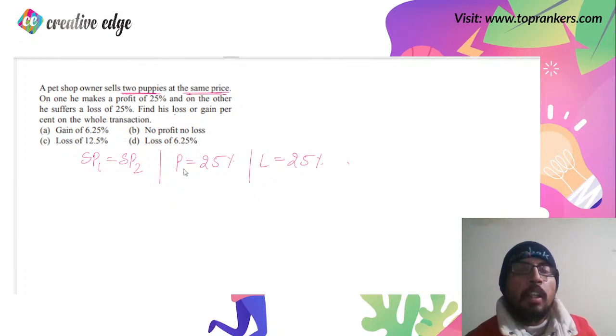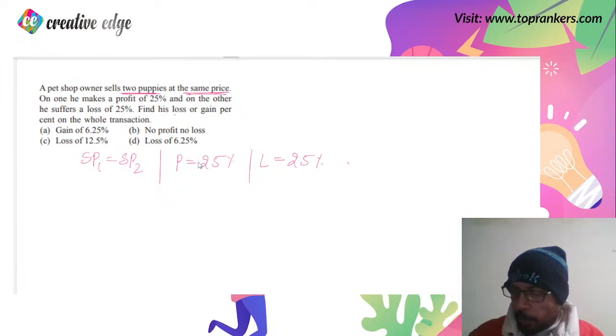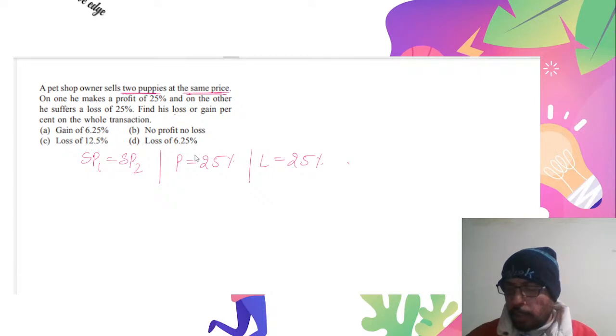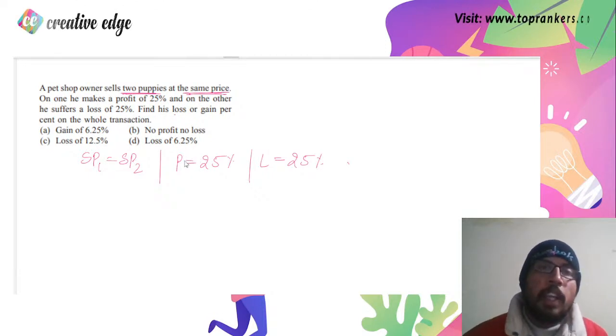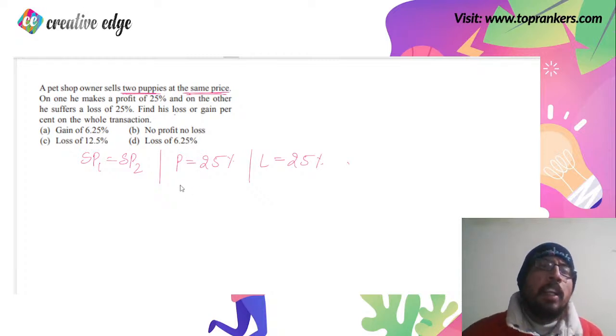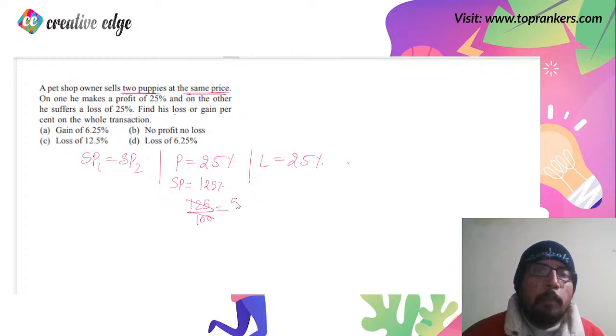Now you can understand it this way: if I get a profit of 25%, and my cost price is 100%, my selling price should be 125%. 125% is 125 by 100, which if you cancel it, you get 5 by 4.